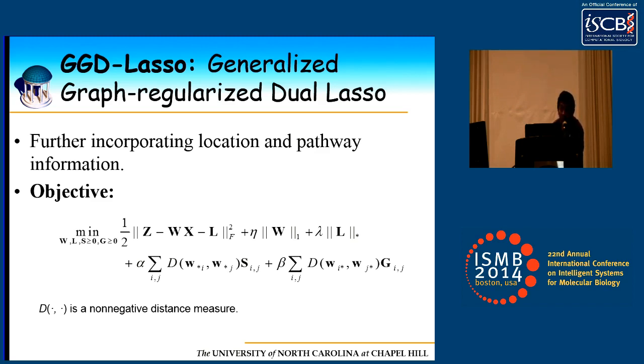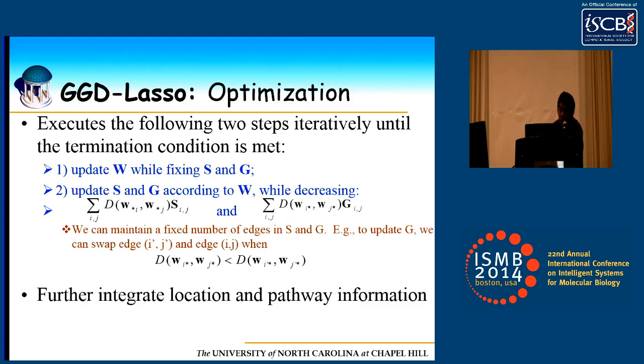In order to optimize the objective function, we use the following two steps iteratively until convergence. The first step is to update the association matrix W while fixing S and G. And then we use W to help us do the refinement of S and G. And here we should keep the two inconsistency terms decreasing so that the algorithm will converge.